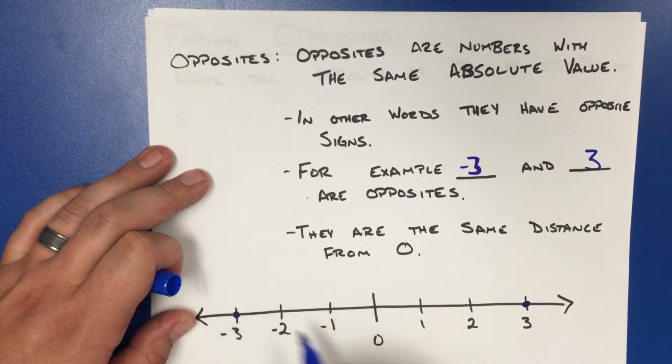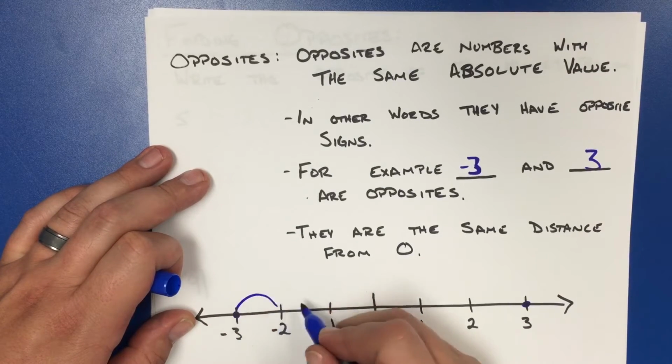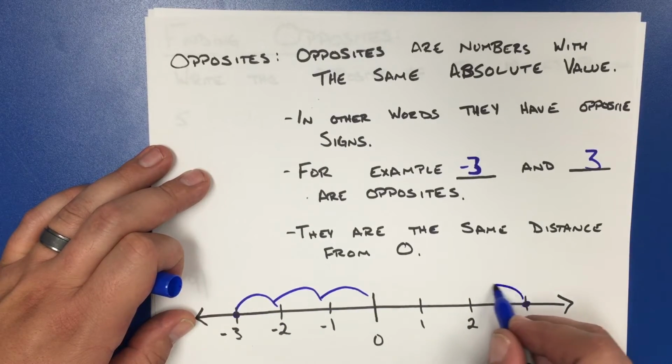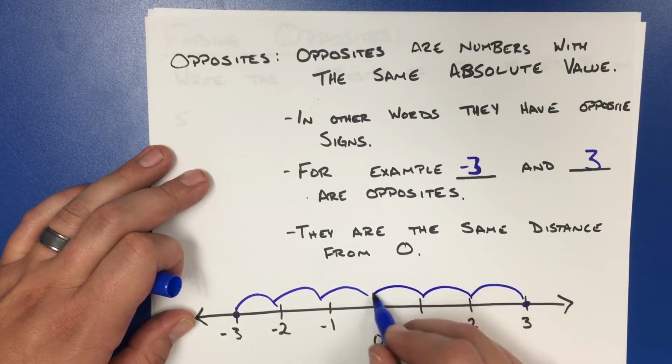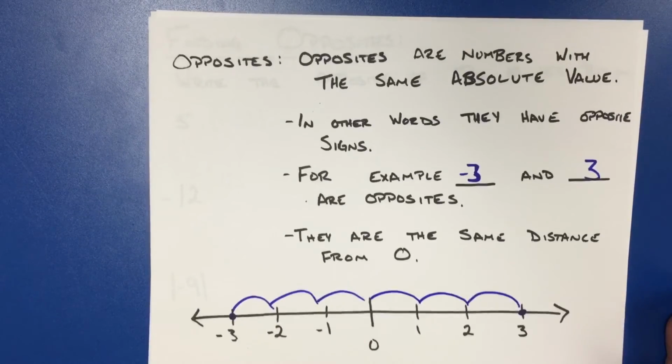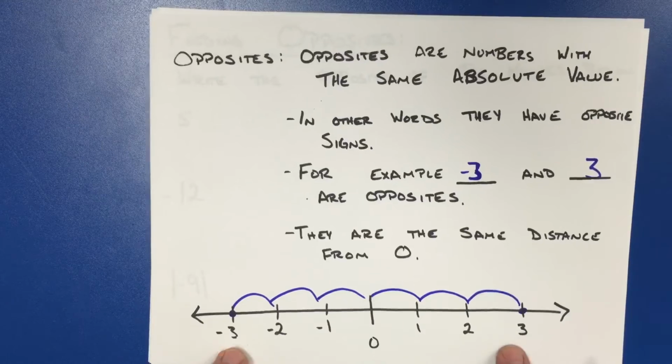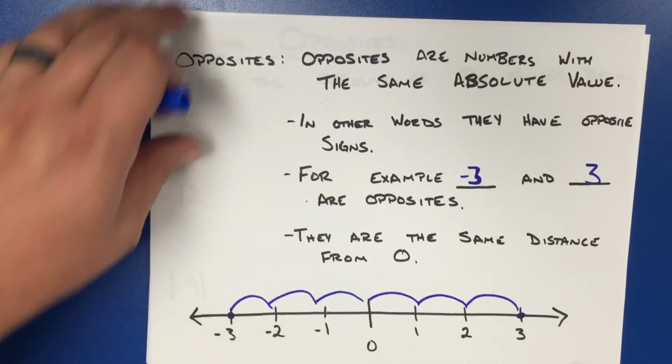How far is it from negative 3 to 0? Well, that's 1, 2, 3 jumps. From positive 3 to 0 is 1, 2, 3 jumps. I don't care that it's in the positive direction or the negative direction. Opposites are the same distance from 0. Each one of these is the same distance from 0.